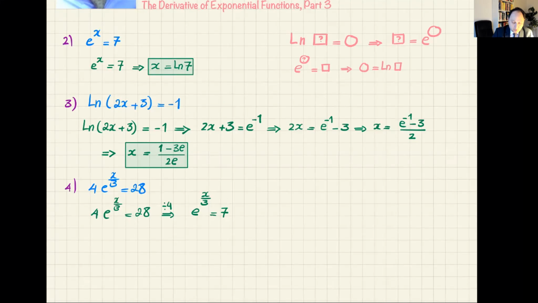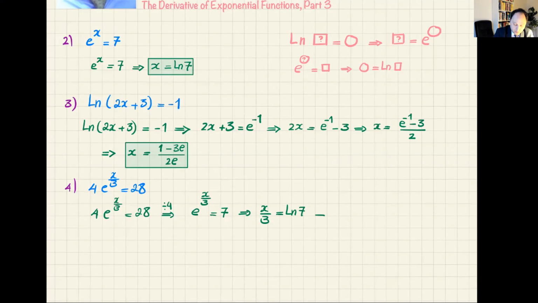Okay, I don't want you to learn it in that way, but hopefully you understand the meaning of these things. So here, this is playing the role of your unknown. So e to the power of something that you don't know is equal to 7. So this shouldn't be hard for you to conclude immediately that x over 3 is ln of 7.